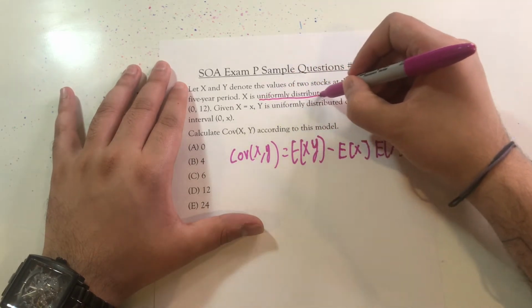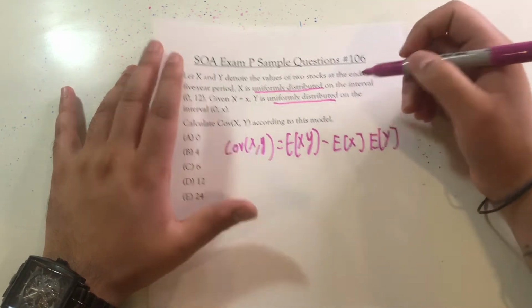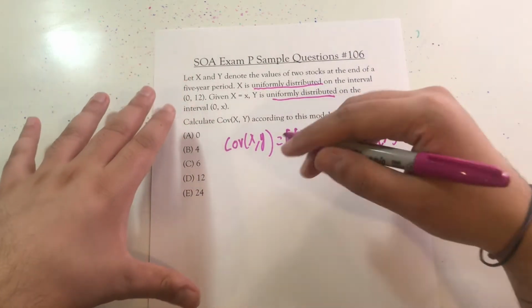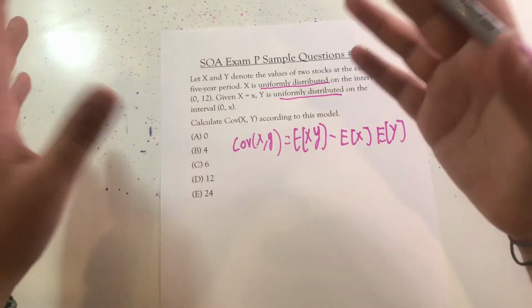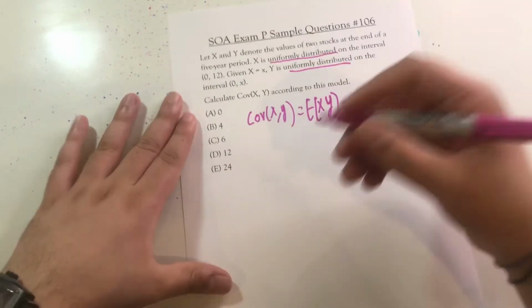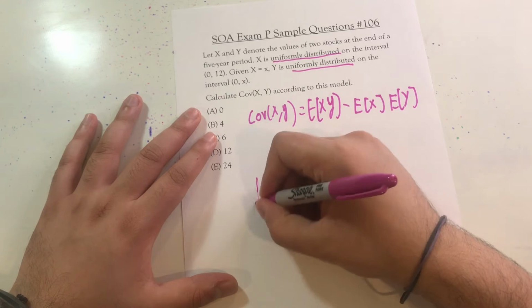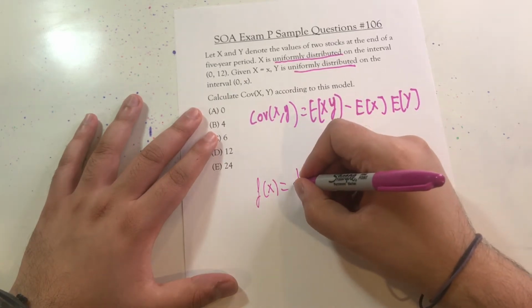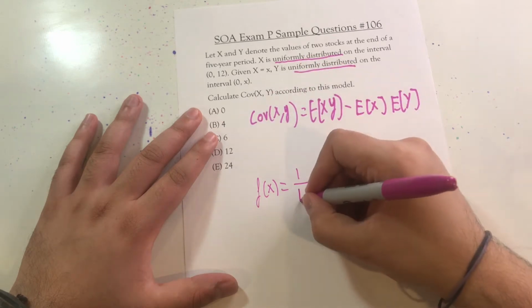Here and here. So the PDF for a uniform distribution is 1 over b minus a on the interval a to b. So the PDF of X is 1 over 12 minus 0, which is 1 over 12.